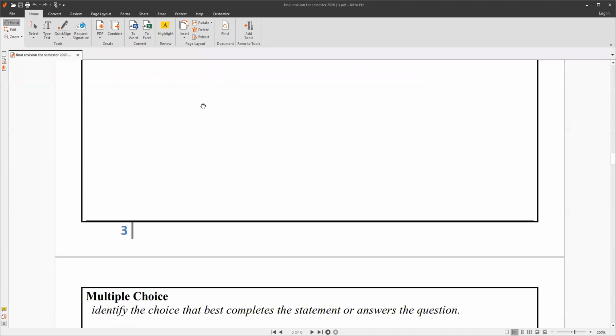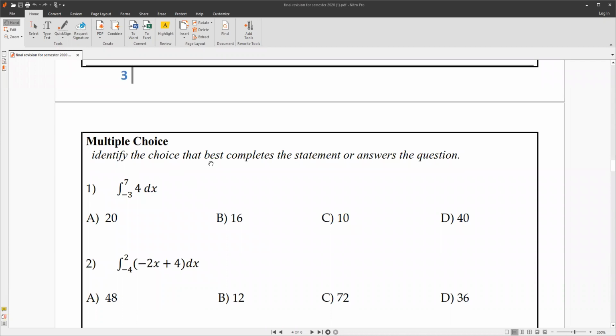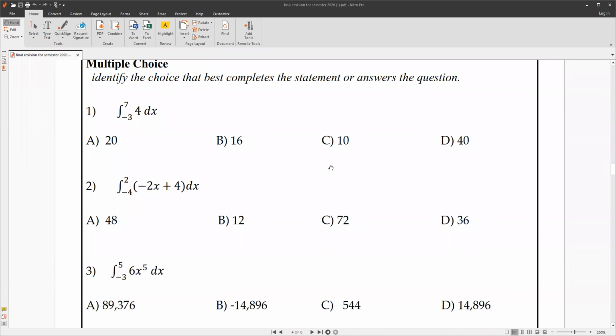Okay, let's continue here. Identify the choice that best completes the statement or answers the question. Here, you have to revise well the rules of integration. That is the constant rule of integration, as you know. Look here.